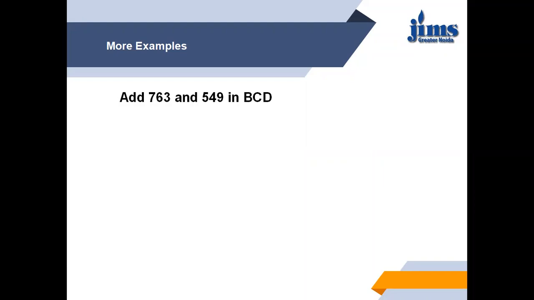First convert these numbers, or represent these numbers with the help of BCD. 763: 7 is 0111, 6 is 0110, 3 is 0011.